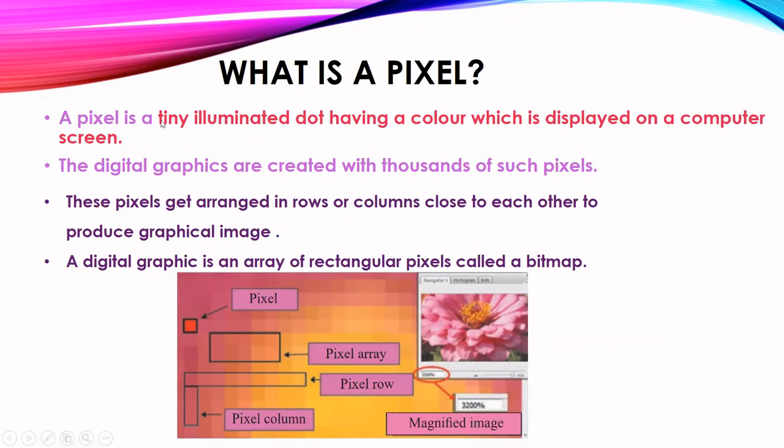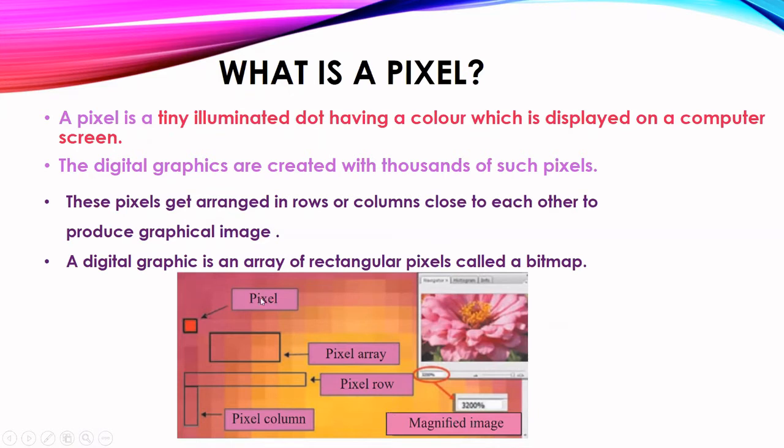The pixel is a tiny illuminated dot having a color which is displayed on a computer screen, right? So you can see there are some small dots, and that we call pixels. A pixel has a color, right?